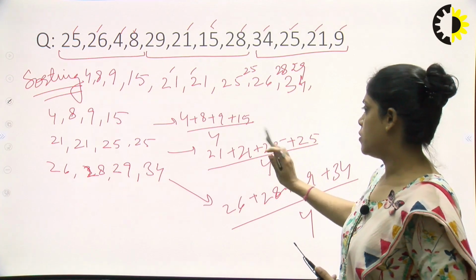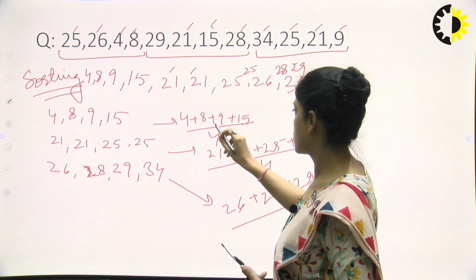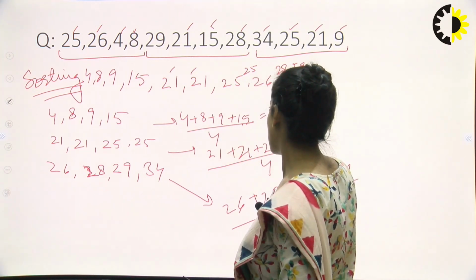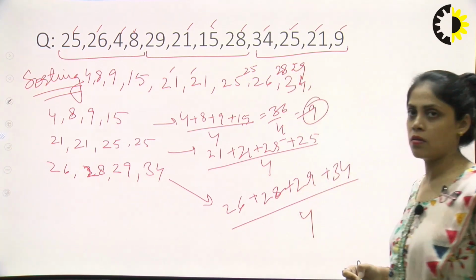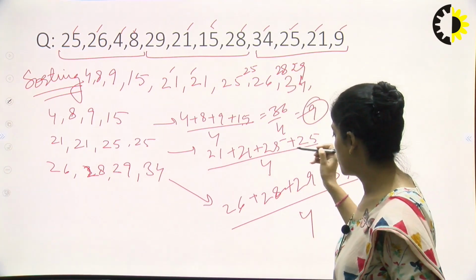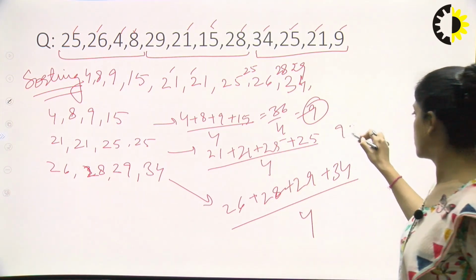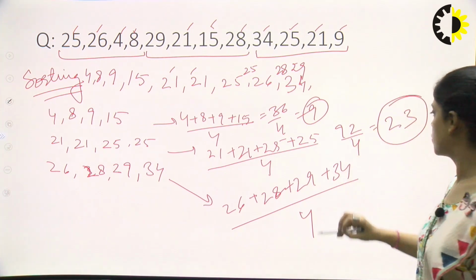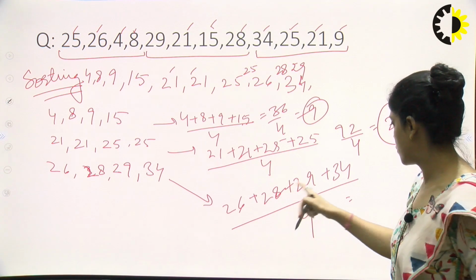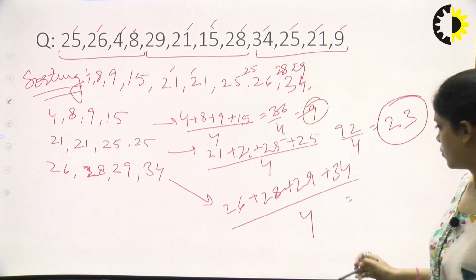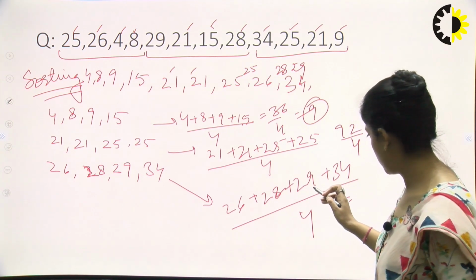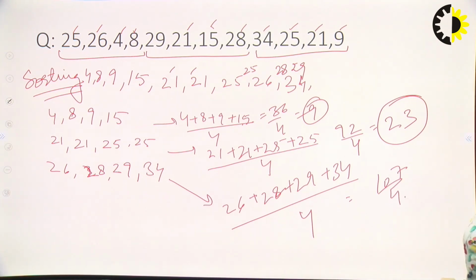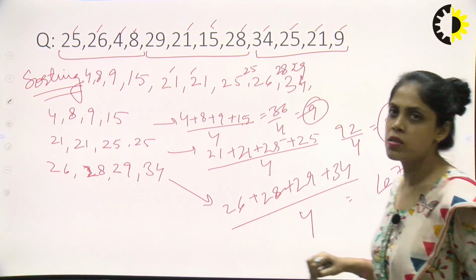The first sum is 36 by 4, which will give you a value of 9. Here it will be 23. So it will give you an approximate value over here.